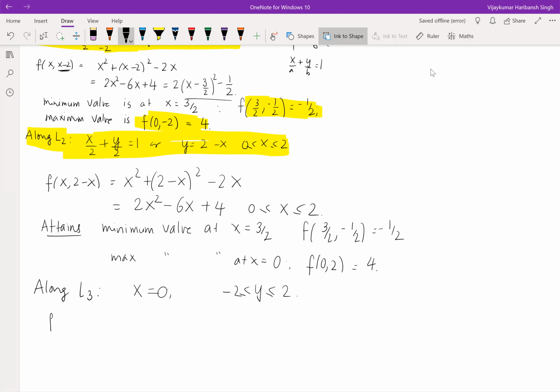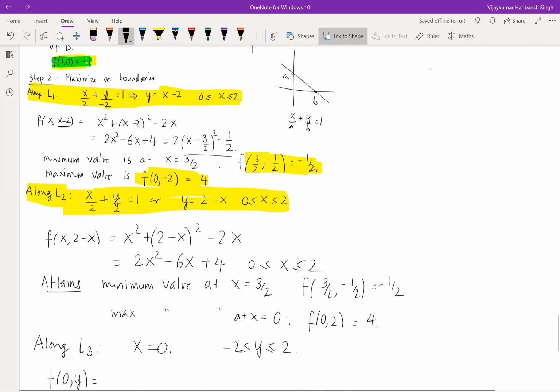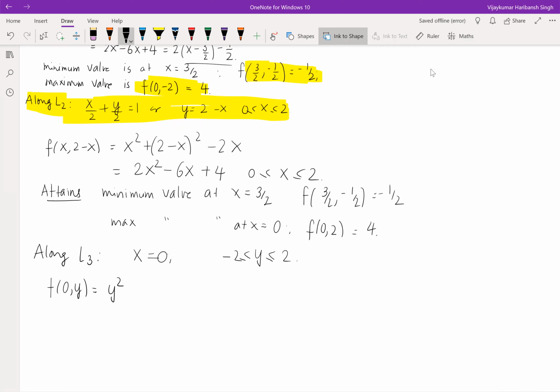So let's substitute that value. f of 0, y is y squared. Since it's a square, we can quickly tell it has its max value at plus or minus 2, and f of 0, plus or minus 2 is simply 4, and its min value at 0, that is f of 0, 0 is simply 0.